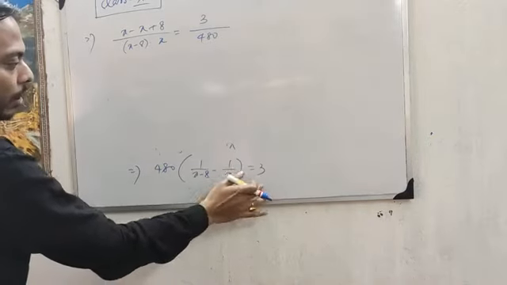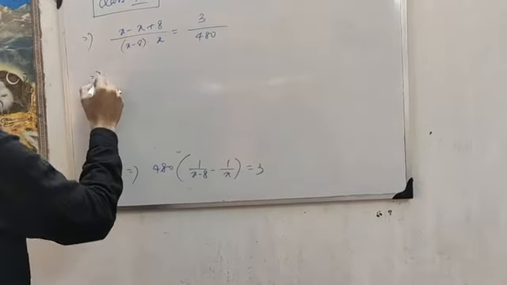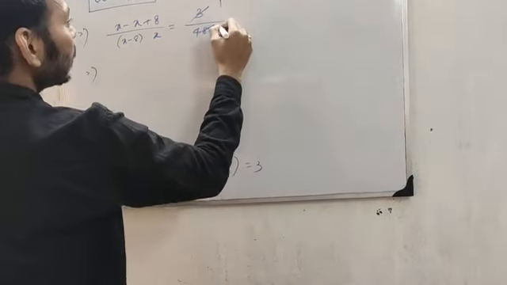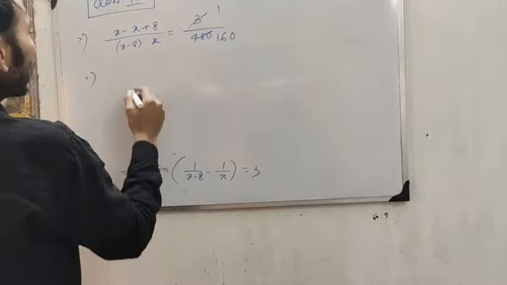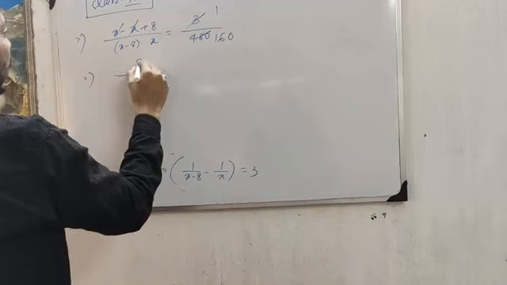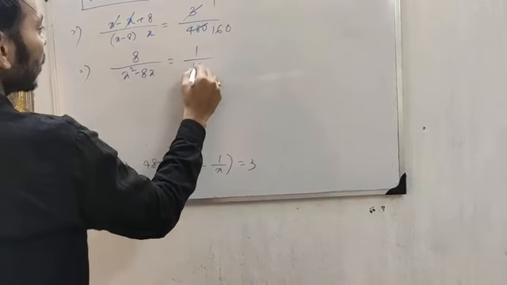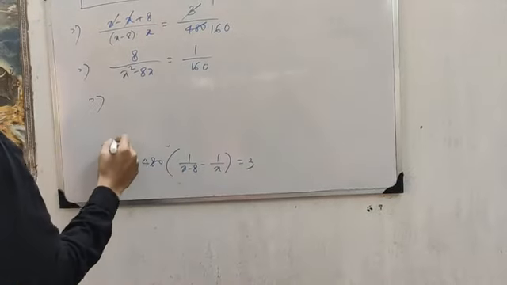Whenever we change the side, multiplication becomes division. So after cancelling, it gives 1/160, so 8/(x² − 8x) = 1/160.